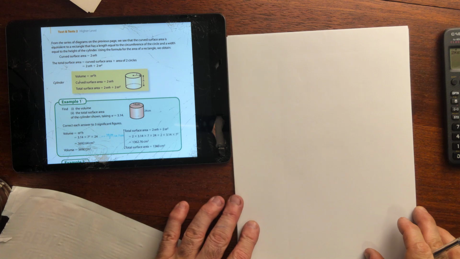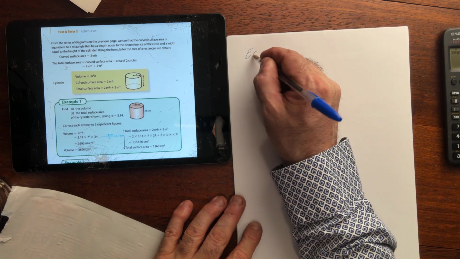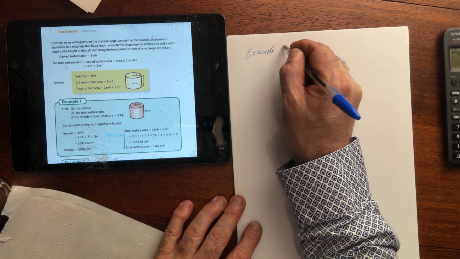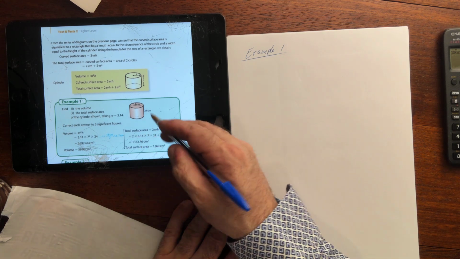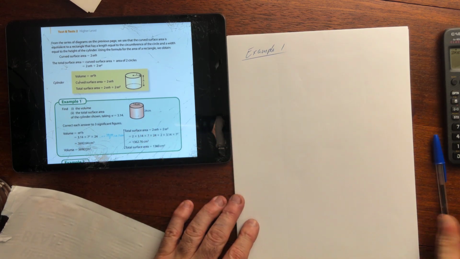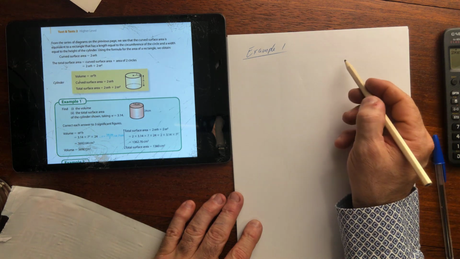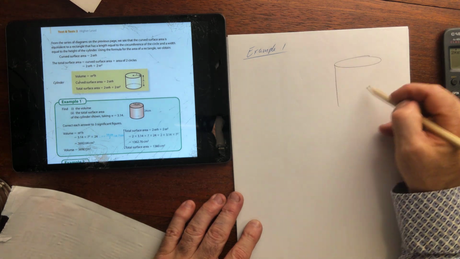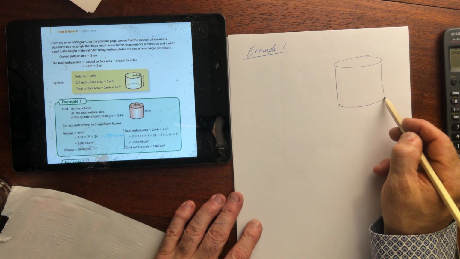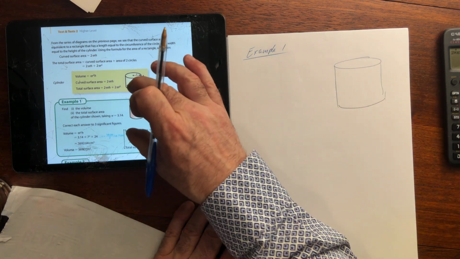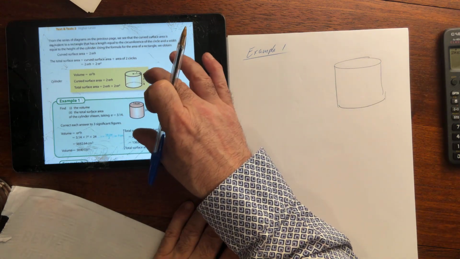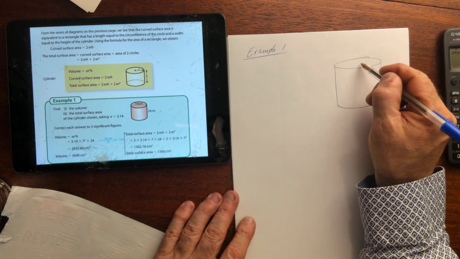Example 1. Find the volume. So here's our drawing. Do we want to draw it? Let's sketch it. It's very good to be able to sketch in maths, instead of it being in your book, or worse still, on a screen like you have and I have here.